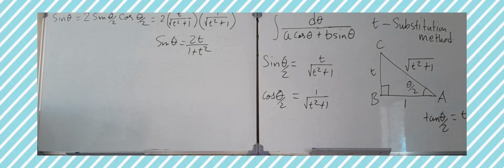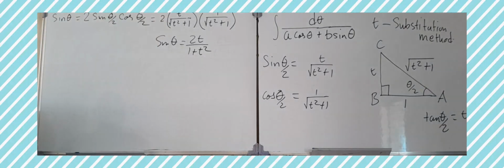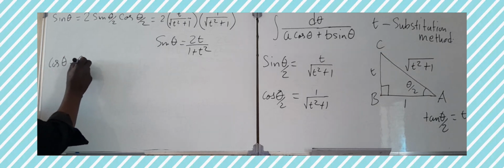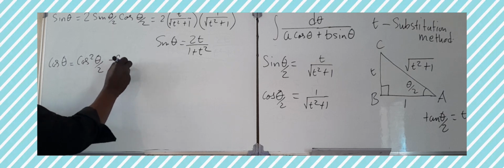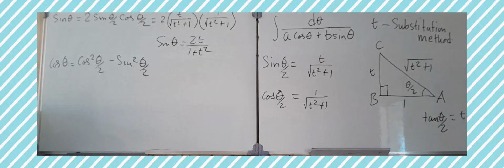What about cosine of theta? When we use the double angle formula, cosine of theta is equal to cosine squared theta over 2 minus sine squared theta over 2.